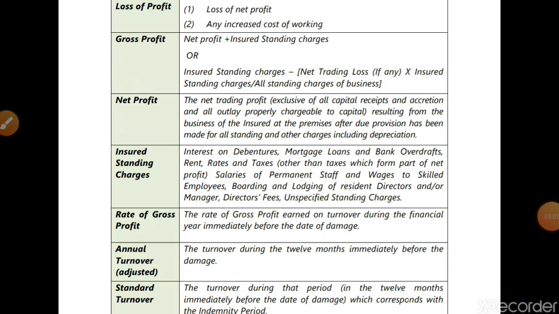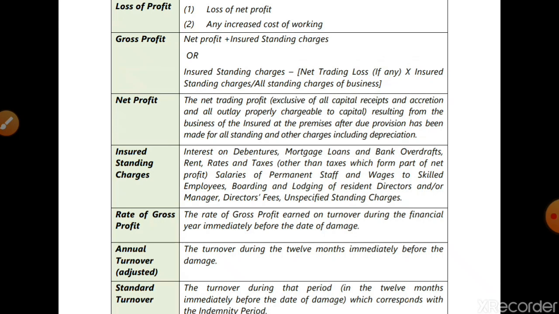So net profit for the previous year we need to consider, and insured standing charges. These are nothing but interest, debentures, mortgage, all the fixed expenses, you have to take all of those. And rate of gross profit: the rate of gross profit earned on turnover during the financial year immediately before the date of damage.